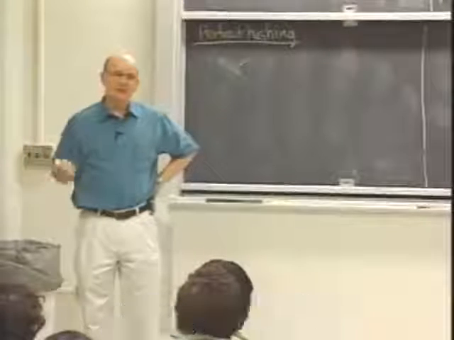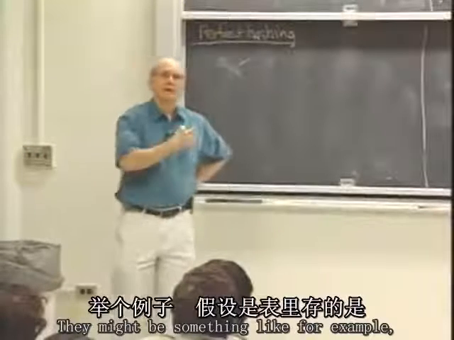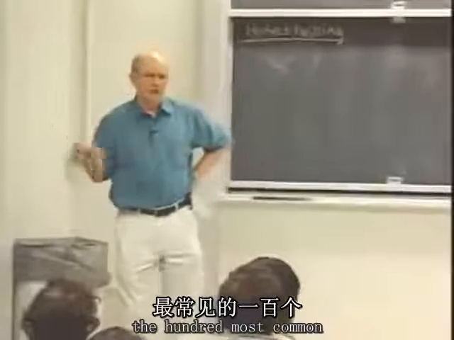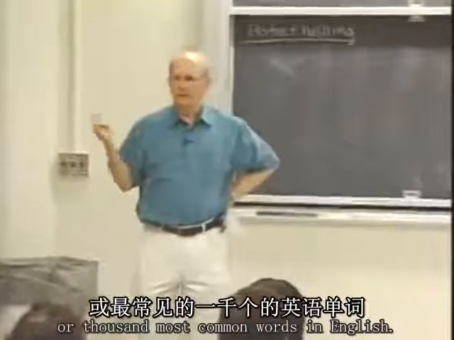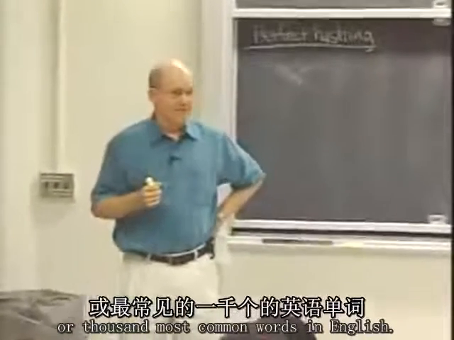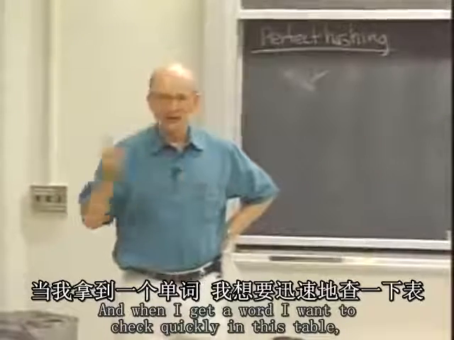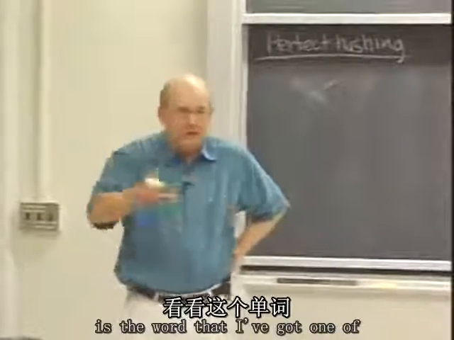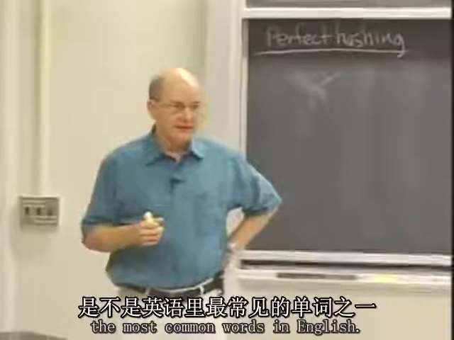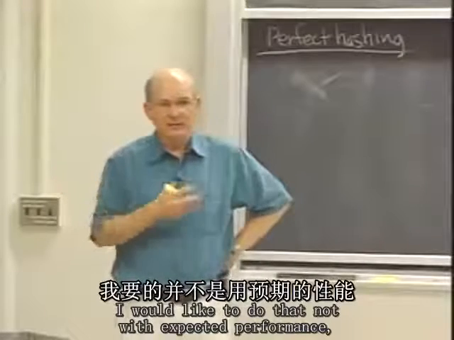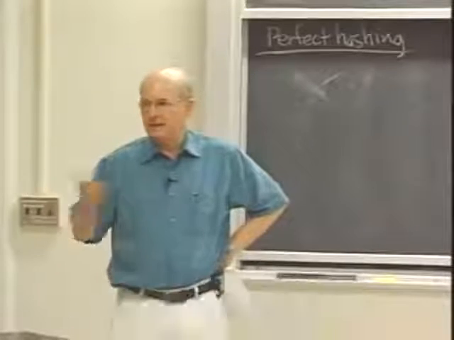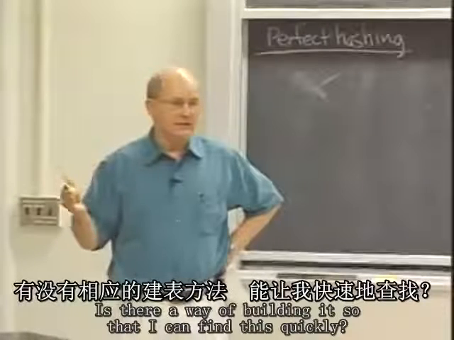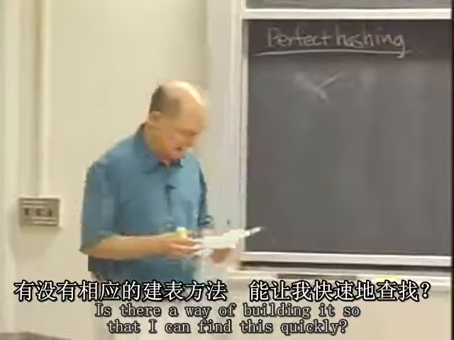They might be something like, for example, the 100 or 1,000 most common words in English. And when I get a word, I want to check quickly in this table whether the word I've got is one of the most common words in English. I would like to do that not with expected performance, but guaranteed worst-case performance. Is there a way of building it so that I can find this quickly?